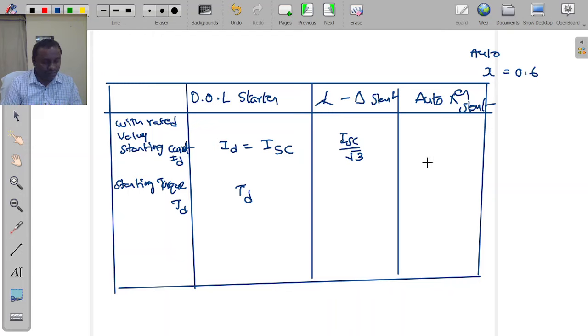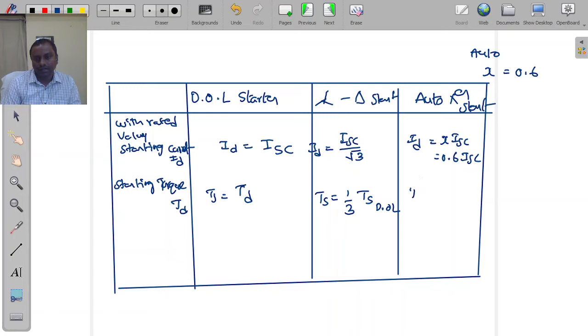In auto transformer, starting current will become X times the ISC. That means 0.6 times the ISC. Similarly, the starting torque with the star delta starter will become 1/3 of starting torque with the DOL.